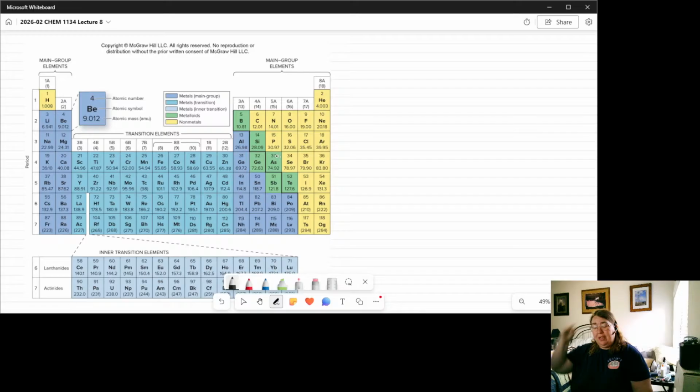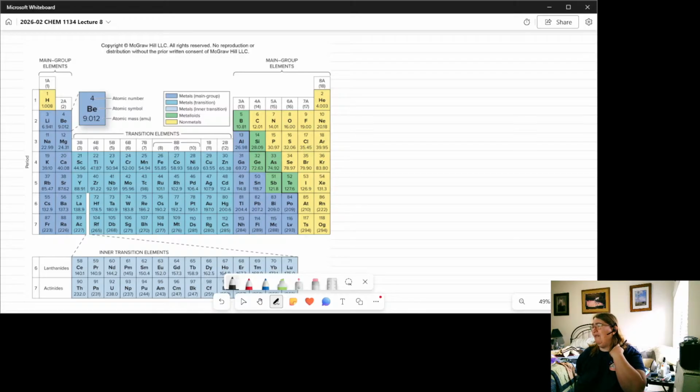So I've borrowed this periodic table from a textbook from Silberberg, in fact, but basically it's got more labeling than we normally put on a periodic table, but you've got the main group elements, which are the ones that stick up, basically. Then you have the transition metals, which are in the turquoise blue. You have the intertransition elements.